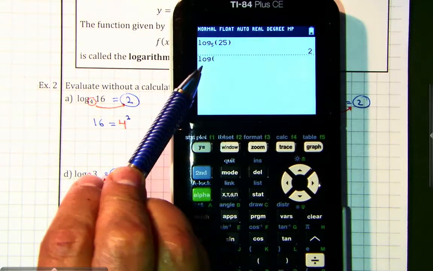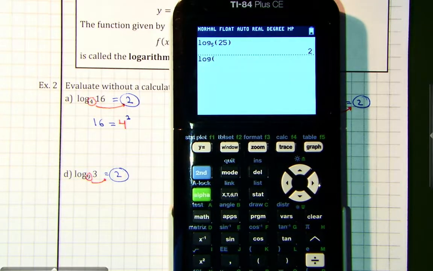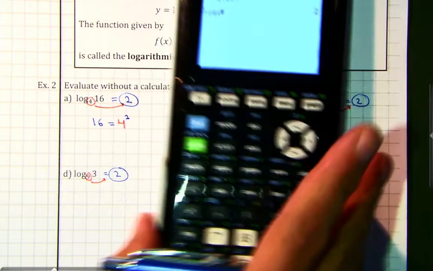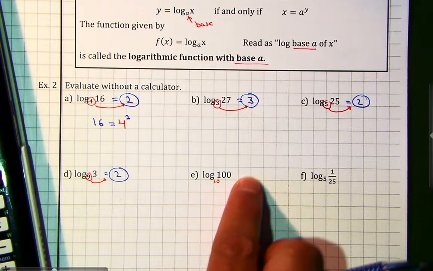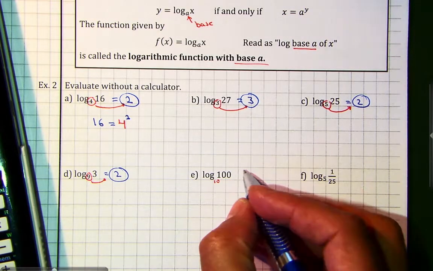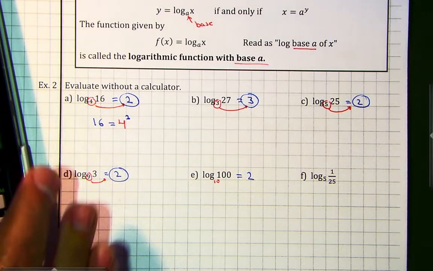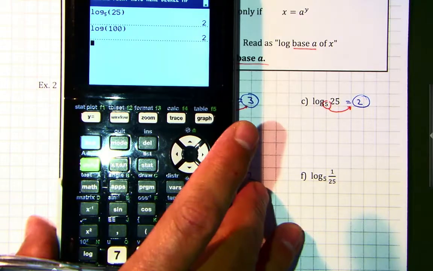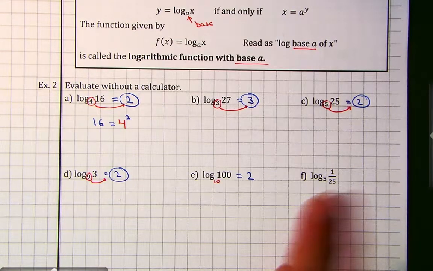It doesn't show anything underneath. Automatically it is base 10. If you notice, there's a little 10 underneath the log. So therefore, 10 to what exponent is 100? 10 to the second power. So if I type in 100, that is correct. How about letter F?